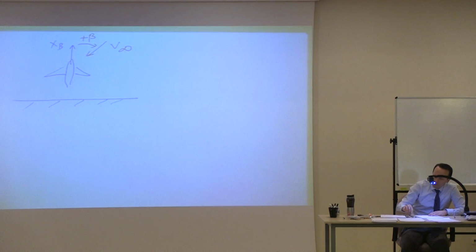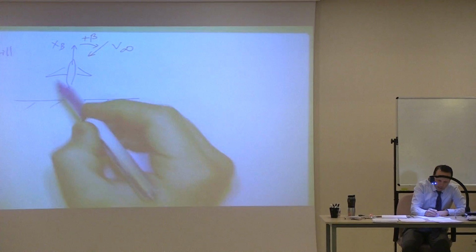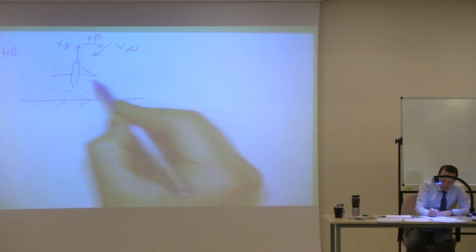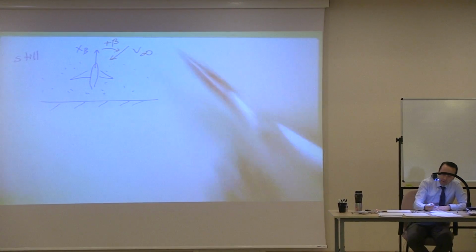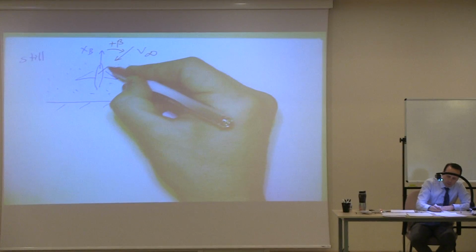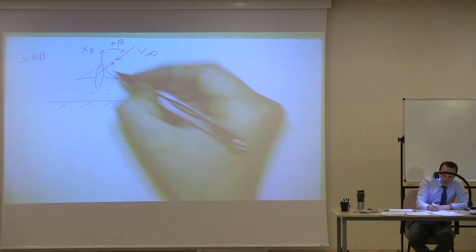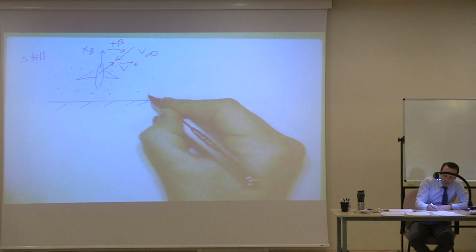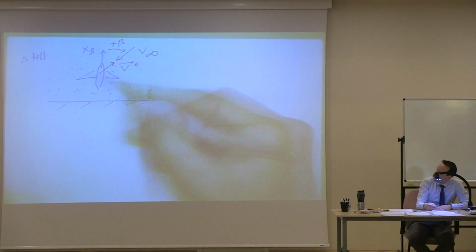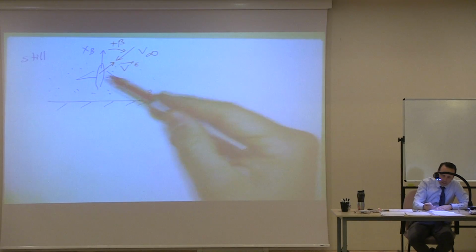So if the atmosphere is still, the air particles are here. That means the velocity of the airplane is in the same direction as v infinity, but in the opposite direction, of course. This is the velocity of the airplane with respect to someone looking from the ground, and since the atmosphere is still, it's one and the same reference frame. Okay, so that's v infinity.